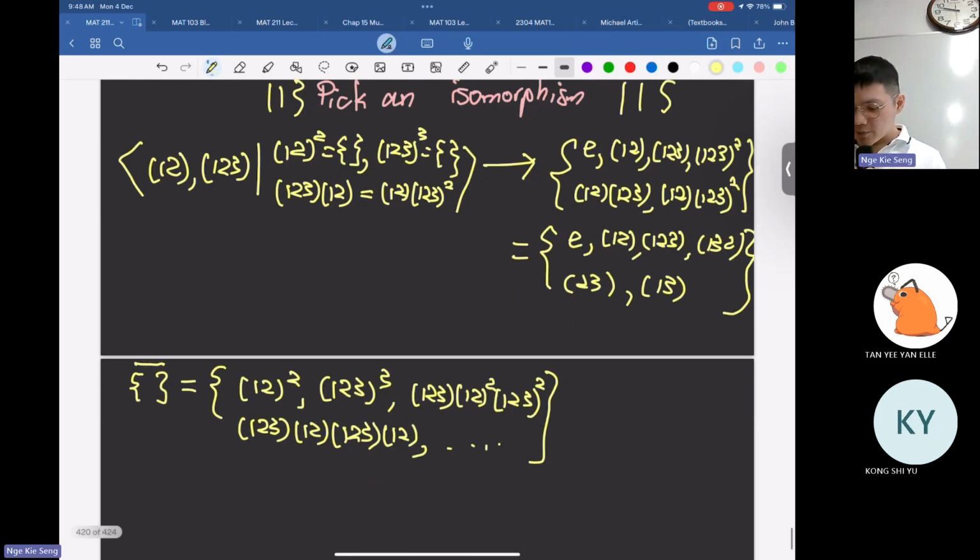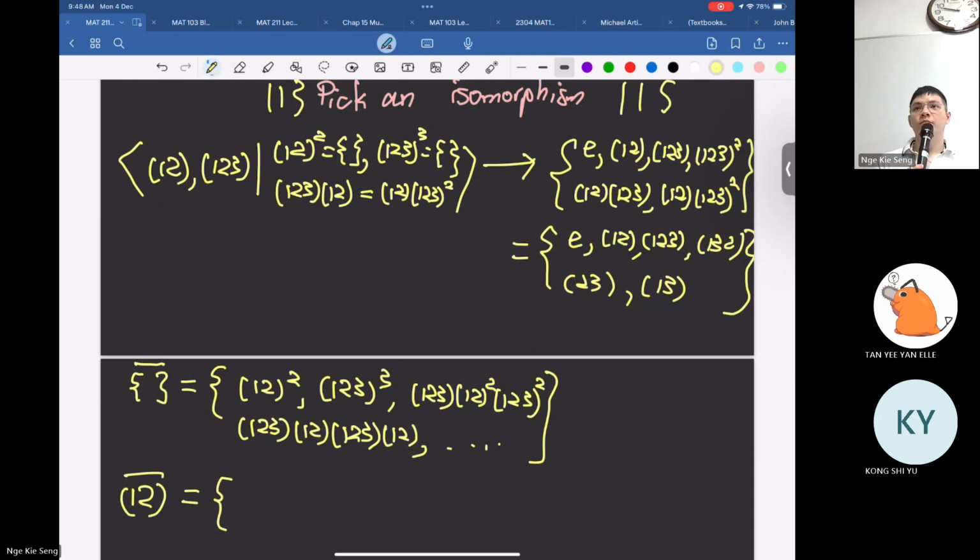Okay. For example, what is in the coset of (1 2)? Michelle, do you know what's in the coset of (1 2) here? What are the things that are equivalent to (1 2)? Identity? Identity is not in (1 2)'s coset, right?